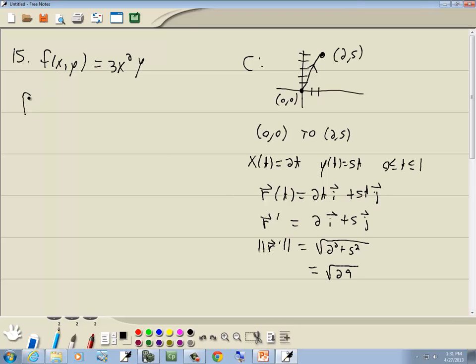We need f of x of 2, or boy, I'm fading fast. I'll just quit talking here. So we're going to be plugging in 2t for the x. So we've got 3 times 2t squared, and then we plug the 5t in for the y. So we've got 5t. So that gives us 3 times 4t squared times 5t. 5 times 4 is 20, times 3 is 60. T squared times t is t to the third.